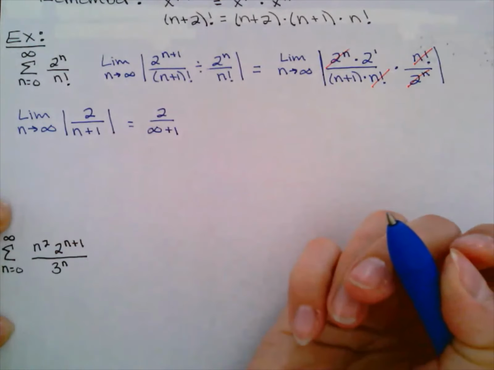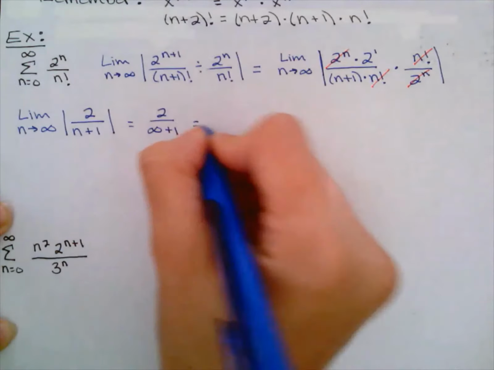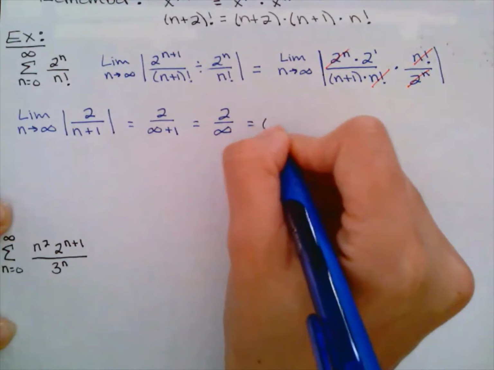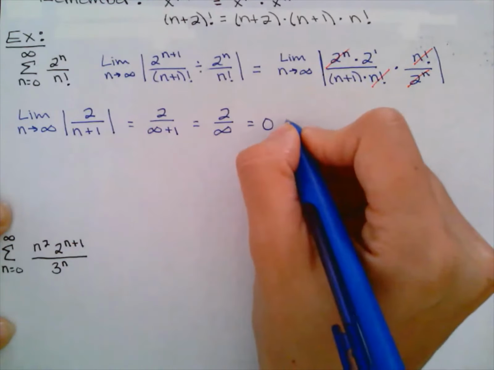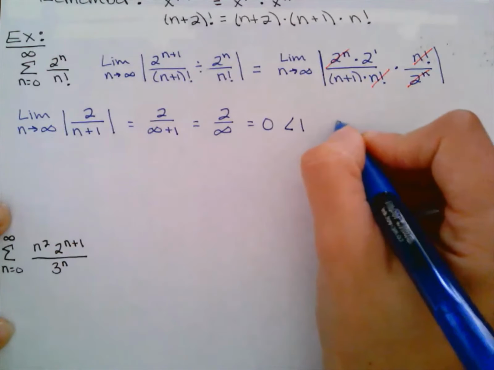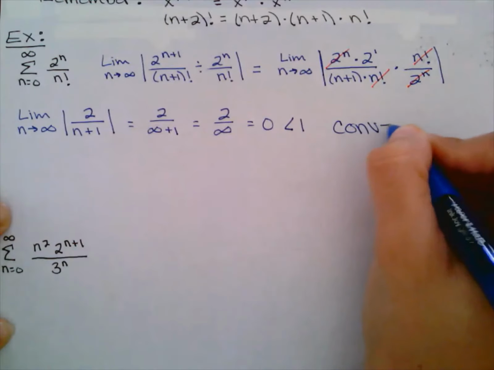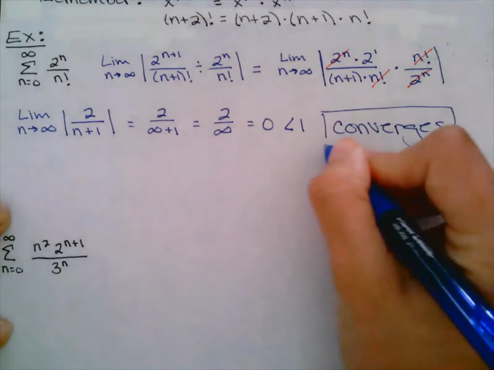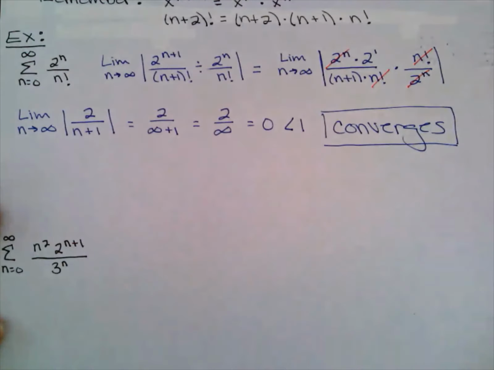It's already positive, so I don't need the absolute values, which you can count as 2 over infinity, which is bottom heavy, so it equals 0. And because 0 is less than 1, then we can say that this converges. And you are done with that one.